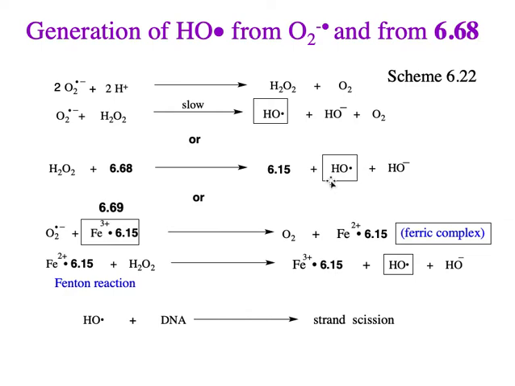So you can react superoxide with, for example, peroxide, you can do a lot of different things with superoxide, and that's why basically the fastest enzyme you have in your body is superoxide dismutase that gets rid of superoxide because it's so damaging.